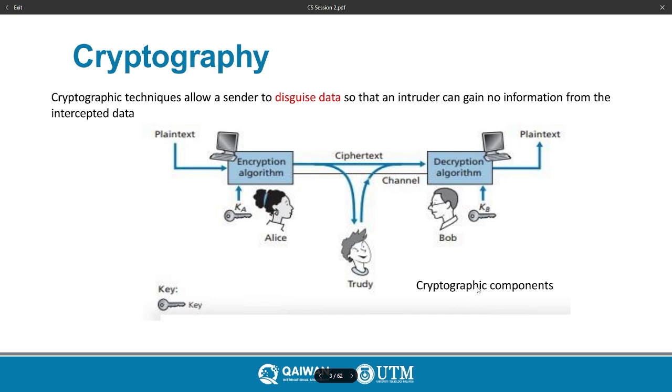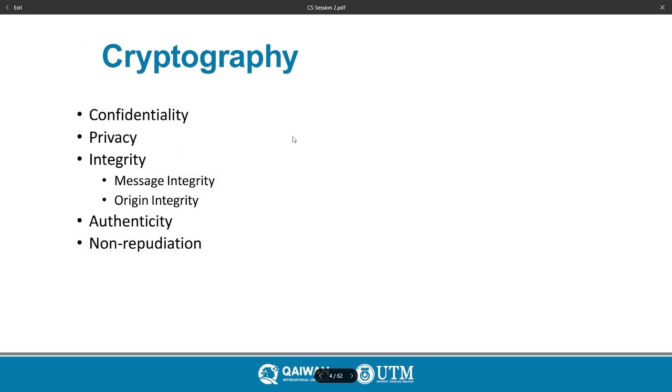Now, these would be the cryptographic components. We will have a key, ciphertext, plain text, encryption, and algorithms. In cryptography, as we talked about in the previous video, we have confidentiality, privacy, integrity, and in integrity we have message integrity and origin integrity, then authenticity, then non-repudiation.